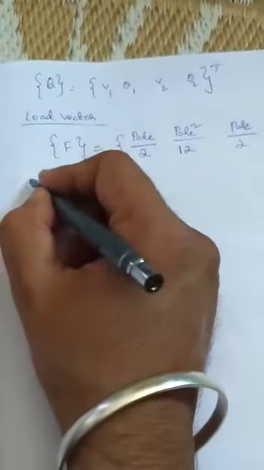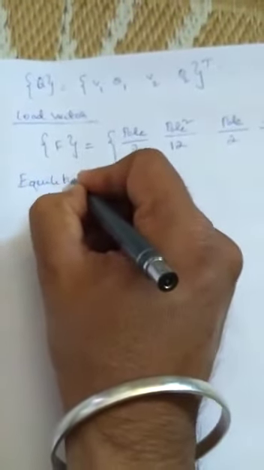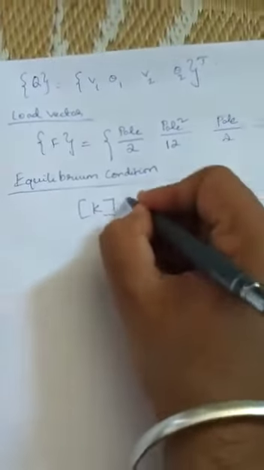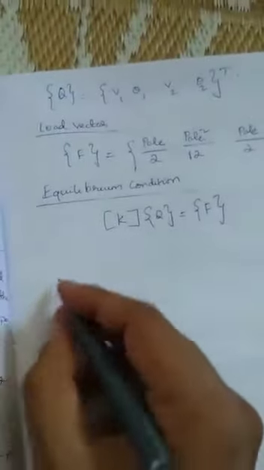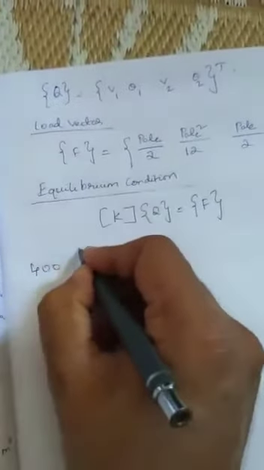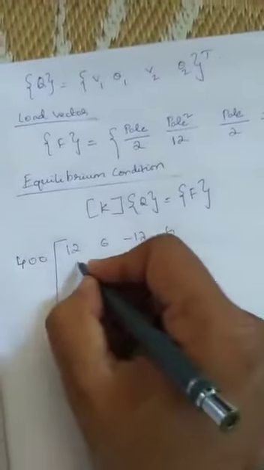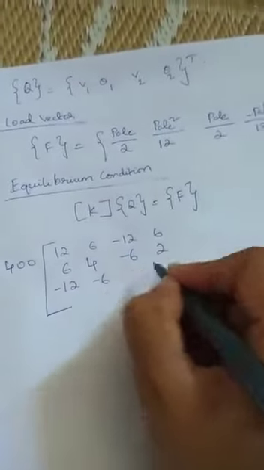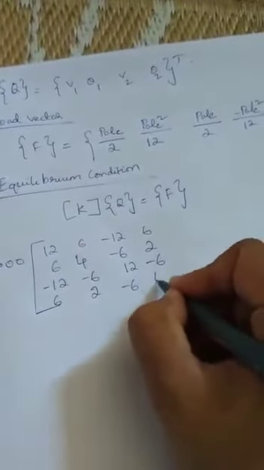Now applying the equilibrium condition. What is the equilibrium condition? K into Q is equal to F. Now substitute the values here: 400, with Le value as 1, the matrix 12, 6, minus 12, 6; 6, 4, minus 6, 2; minus 12, minus 6, 12, minus 6; 6, 2, minus 6, 4.